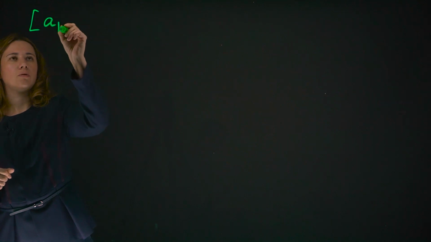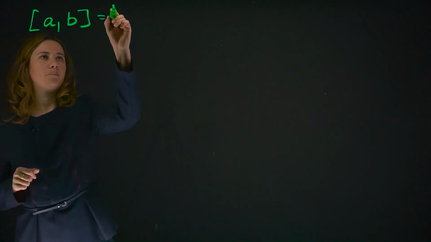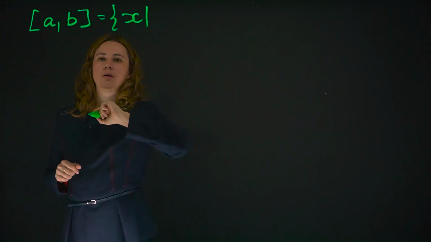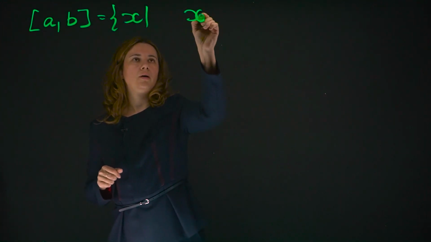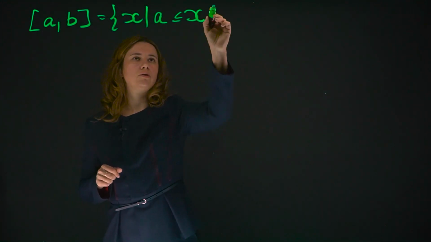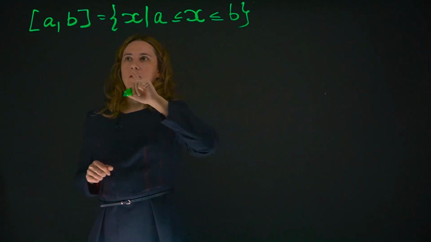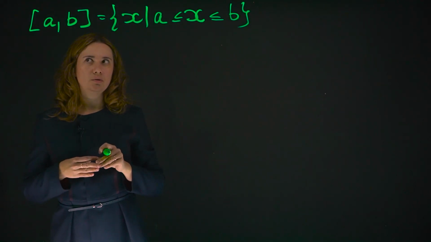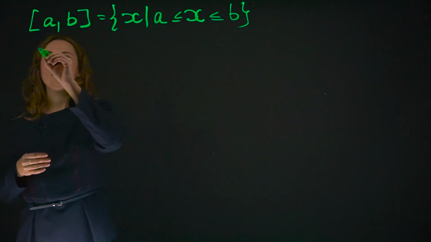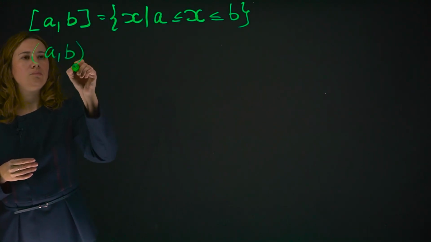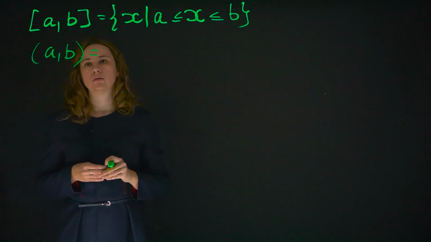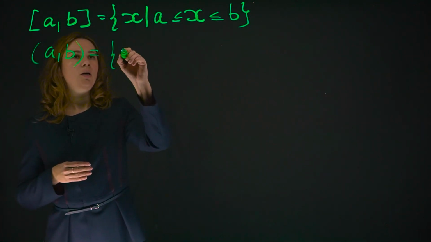Let's consider two sets, the closed interval AB. Here x is greater than or equal to A and less than or equal to B. A and B are included in our set. And one more set, the open interval AB.